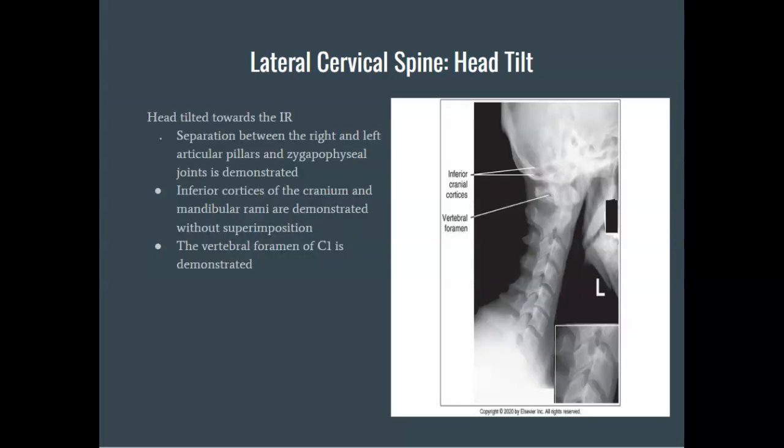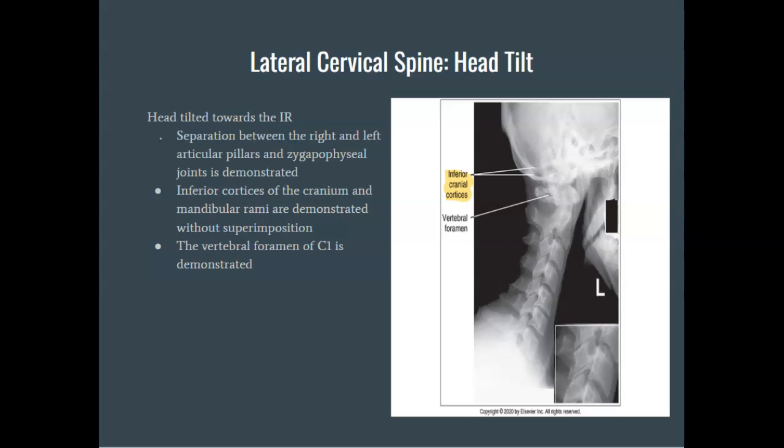So as previously stated, when the head is tilted towards the IR, the vertebral foramen will be well visualized. So you need to correct this by getting the interpupillary line perpendicular with the IR.